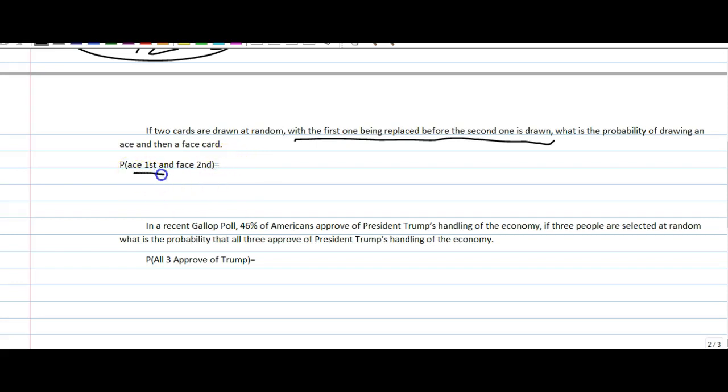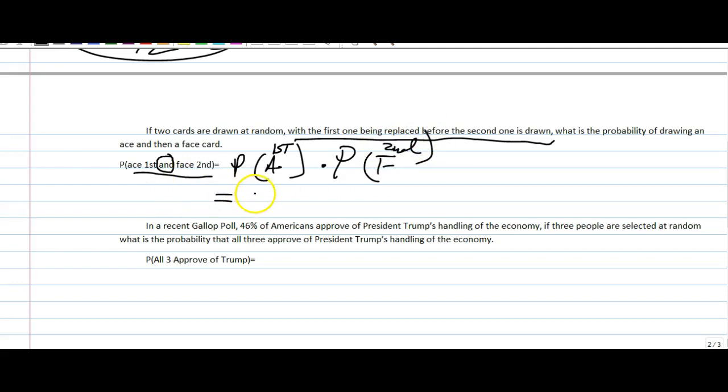So the two events are independent. Notice your connective here is and. In general, when you see the connective and, you're going to multiply their separate probabilities. So I want to know the probability of getting an ace on the first draw. And if I put that card back, what is the probability of getting a face card on the second draw?